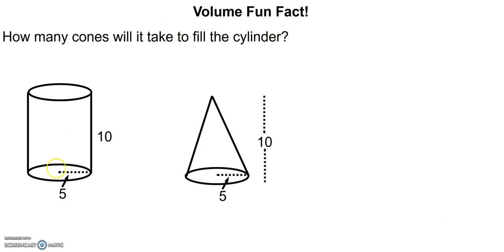What I want you to notice here is that both of these B's are a circle, and the area for any circle is pi r squared. Both bases have the same radius. So from left to right, big B equals big B, 25 pi and 25 pi.